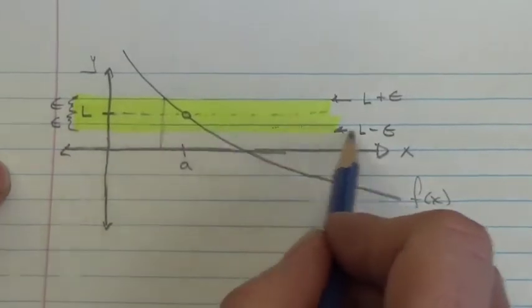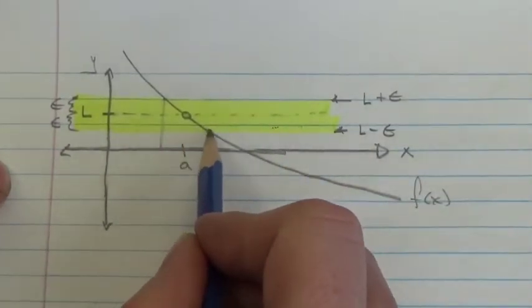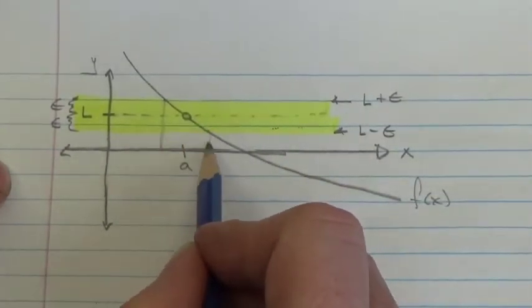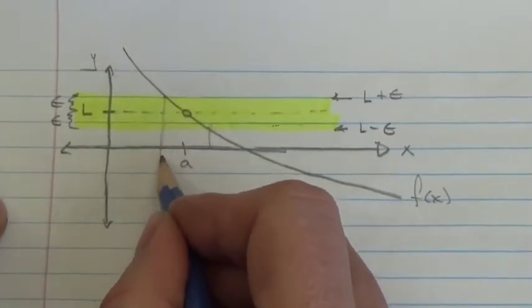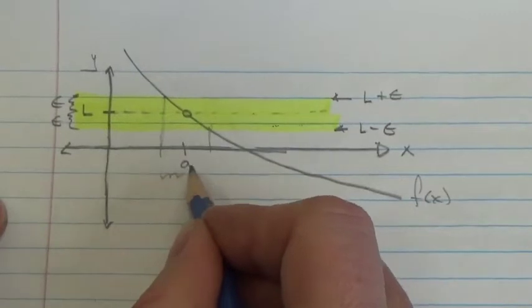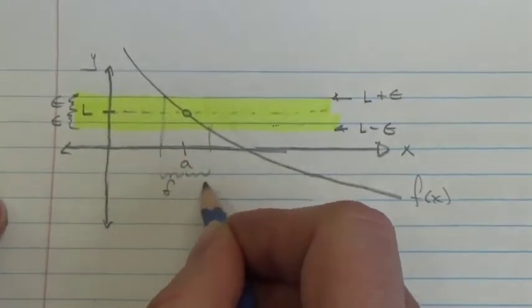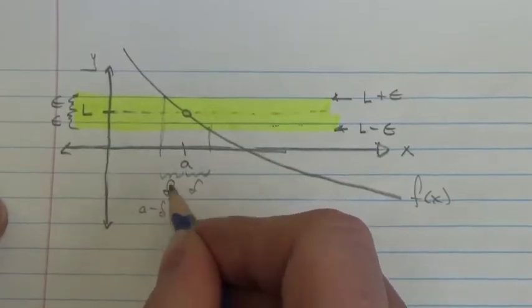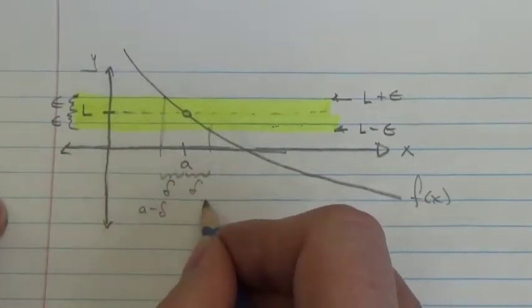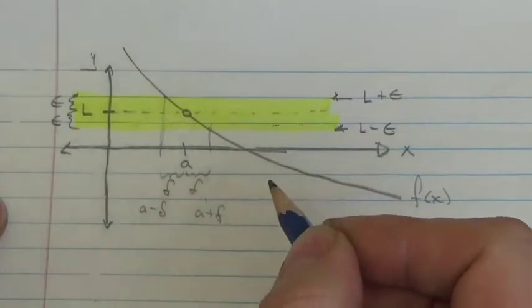If I go to where the low end of my interval hits my graph and go down, it gives me that high value of a. We call this separation, from there to there, my delta. So this is going to be a minus delta, and over here, a plus delta.